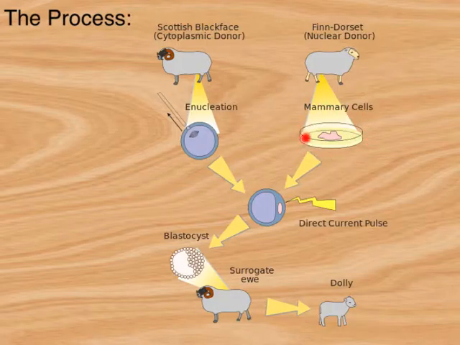So these cells here would have gone through several cell divisions coming from an adult sheep here. So some people believe that Dolly died because these cells were already old, and therefore the chromosomes were already old. Other people don't think that's necessarily true. It remains to be seen, and hopefully in the future some of these processes will become a little bit easier to use, and they can have lots of benefits.